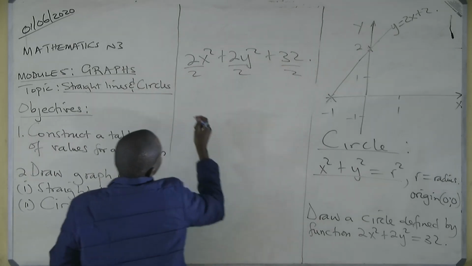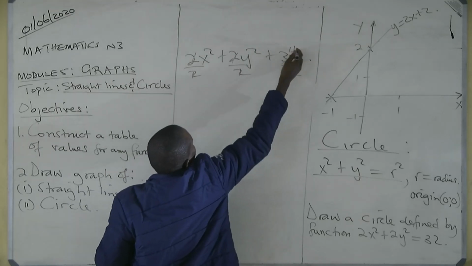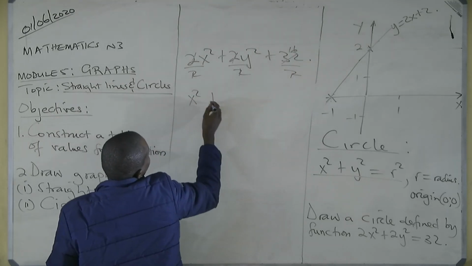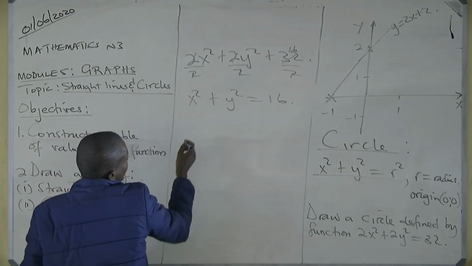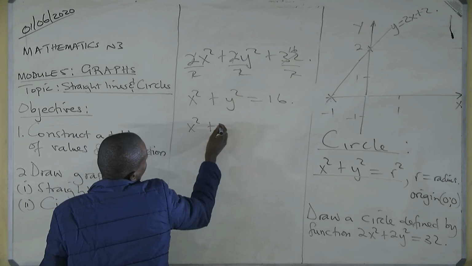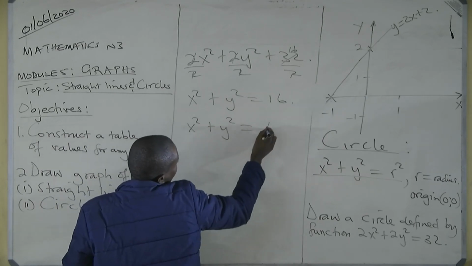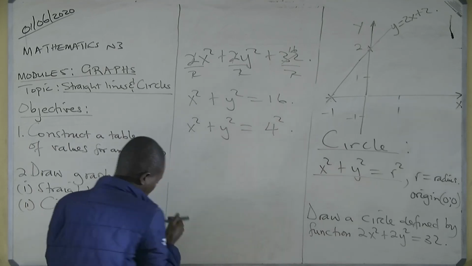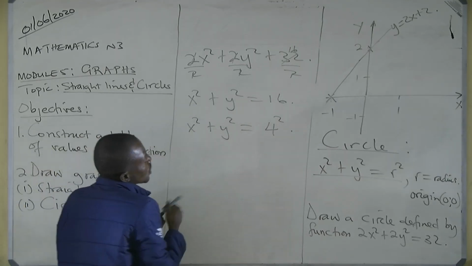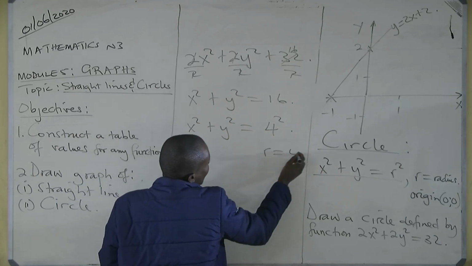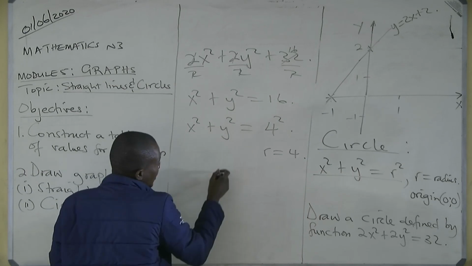So we are going to divide by 2 throughout, so that we get x squared plus y squared is equal to 16. We can write it as 4 squared. Why am I writing it as 4 squared? So that you see r is equal to 4.